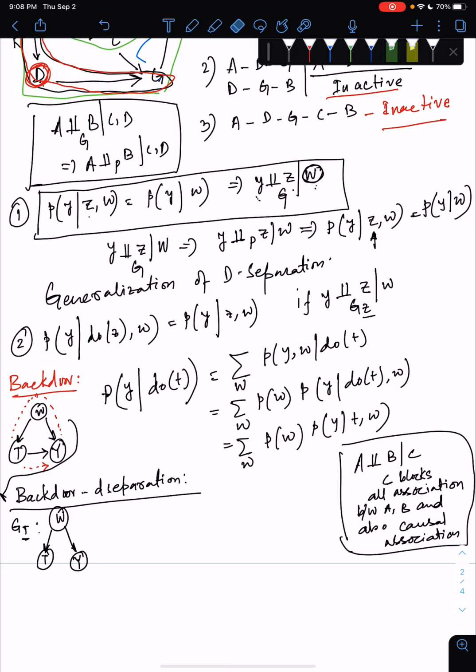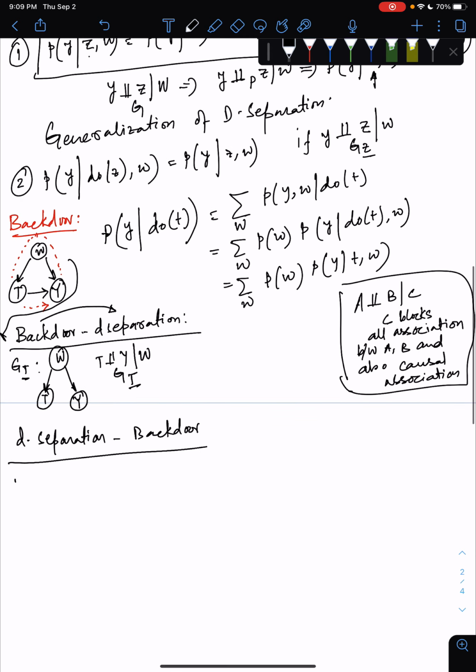So here you can say that T and Y are d-separated given W in a graph where I'm removing the edges going out of T. This is interesting. So this is where we go from backdoor to d-separation. We can also go from d-separation to backdoor.